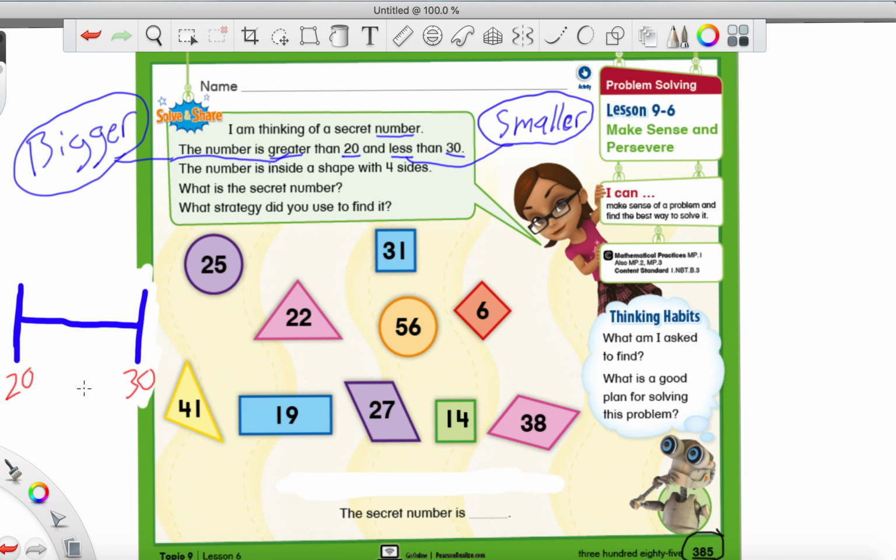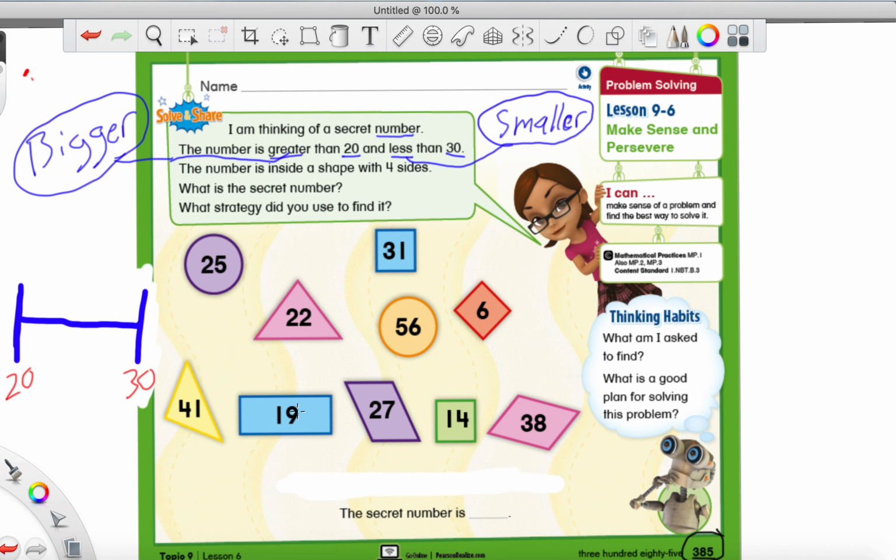But we still don't know what number. We have a whole bunch of numbers in between. All right, so now that we know that the number is in between 20 and 30, what we can do is cross out any number that doesn't fit in between these two. So if it's not going to be bigger than 20, we can get rid of it. So we're going to look for very small numbers.